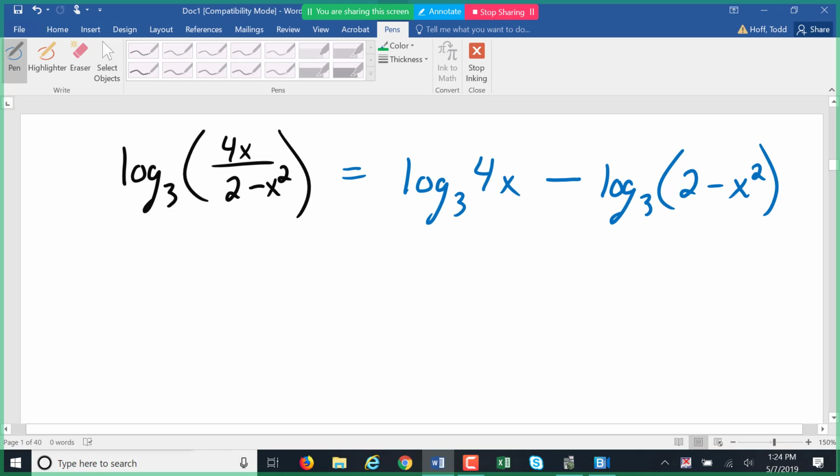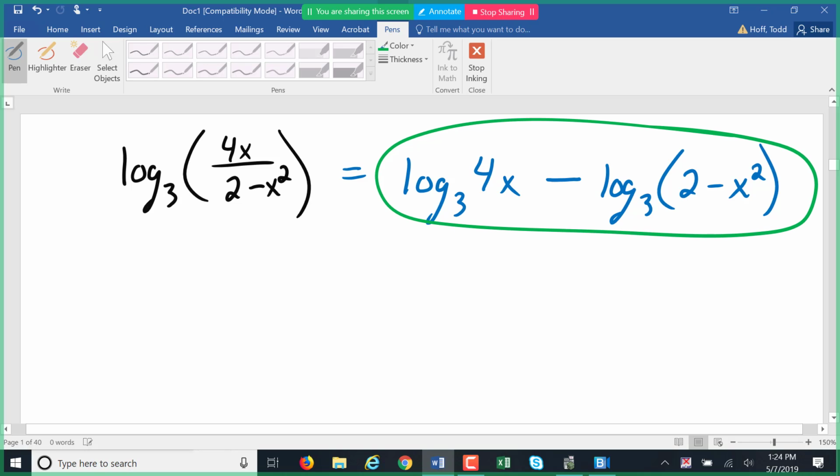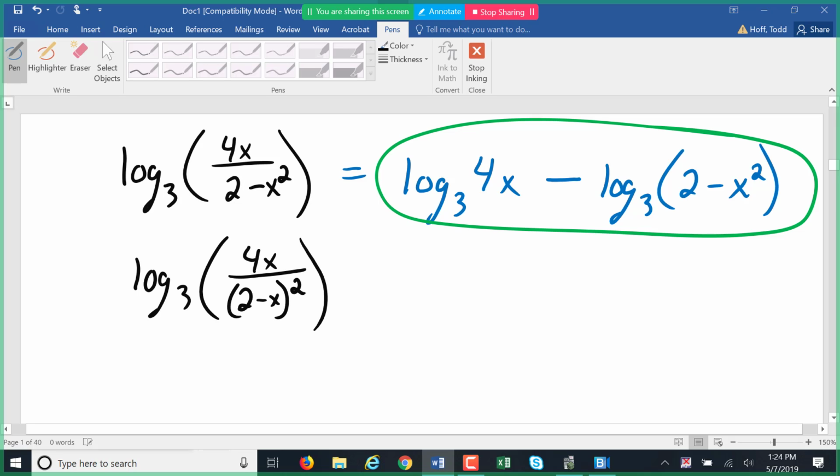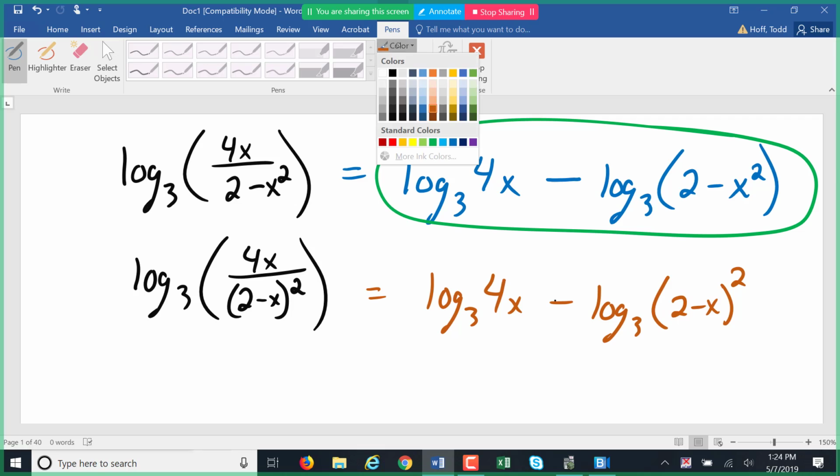Can I do anything with that 2 minus x squared? Why not? The squared is not on the whole thing. If this had been log base 3 of 4x over 2 minus x squared like that, then we could have. This would have first split into log base 3 of 4x minus log base 3 of 2 minus x squared.